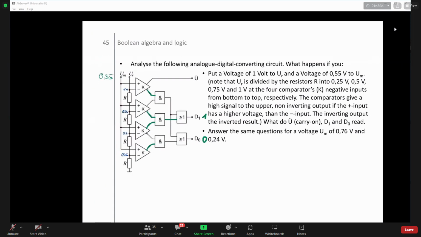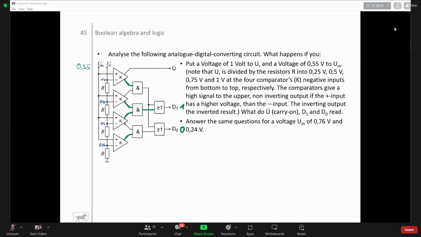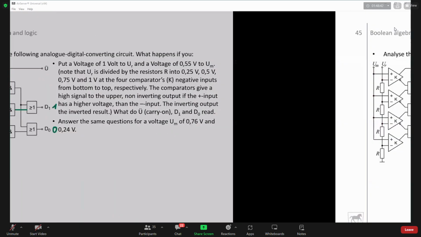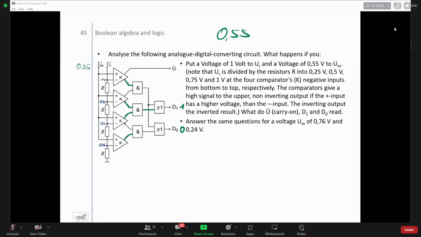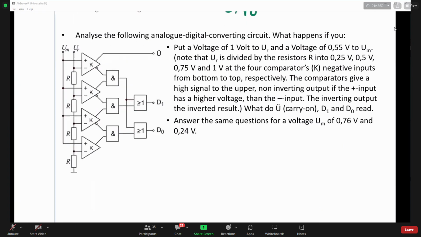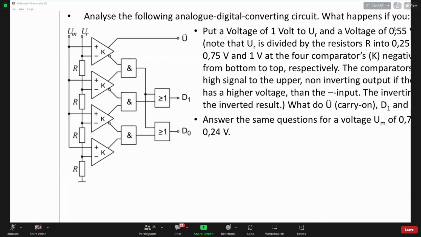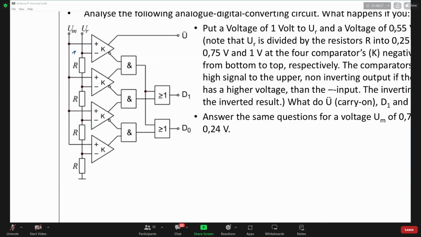And now there is the same question for 0.76. So again, just here 1 volt, 0.75, 0.5, 0.25.